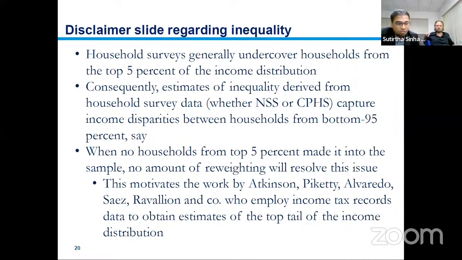For example, all these unicorns, all the new billionaires would probably not be represented in these surveys, whether that's NSS or CPHS. And to the extent that we expect inequality to be higher given these extreme incomes, that is consistent with the result that we are proposing, because those individuals are just not represented in either NSS or CPHS.